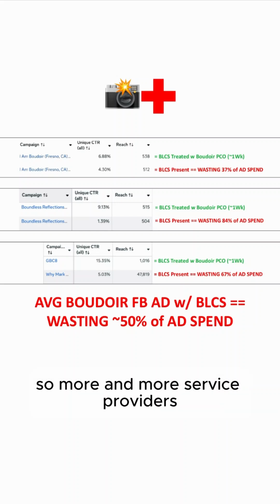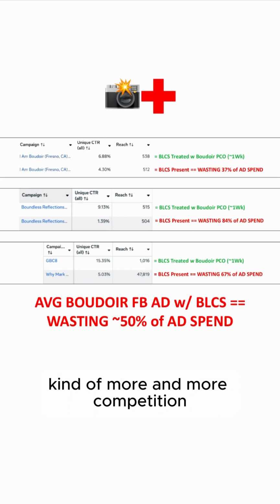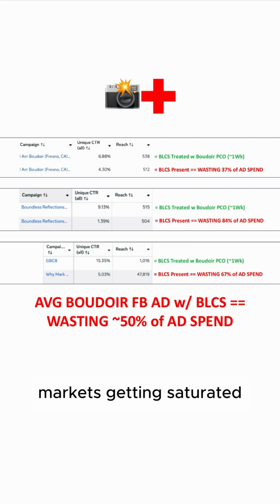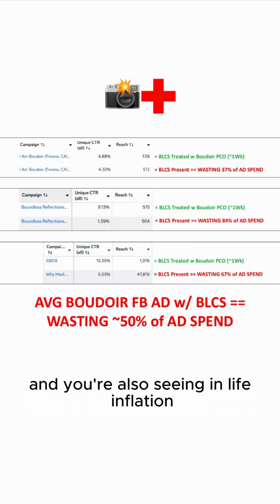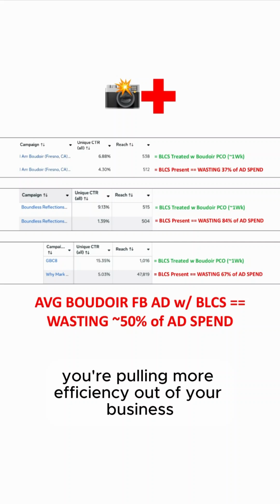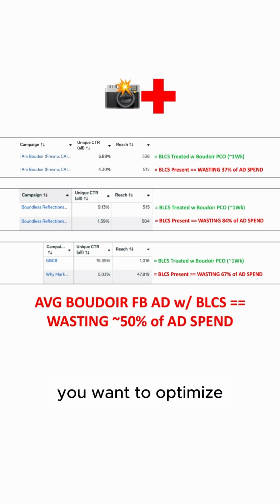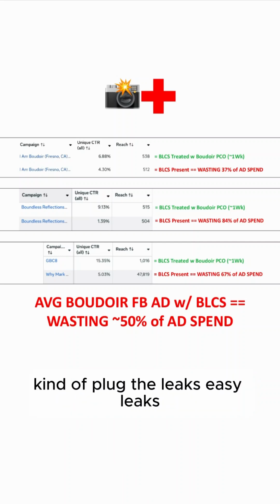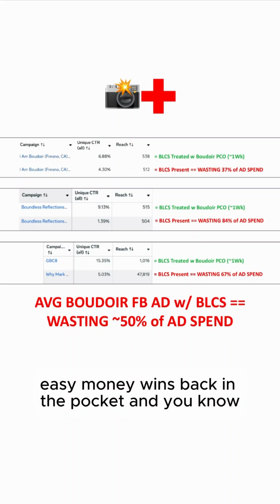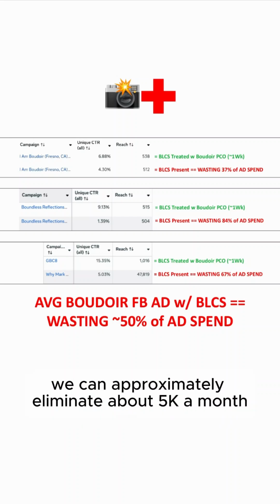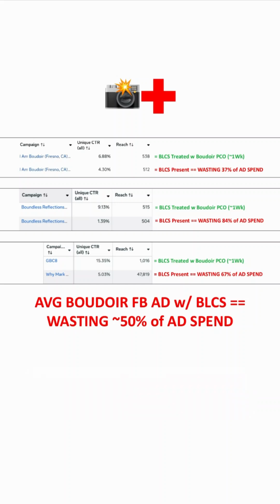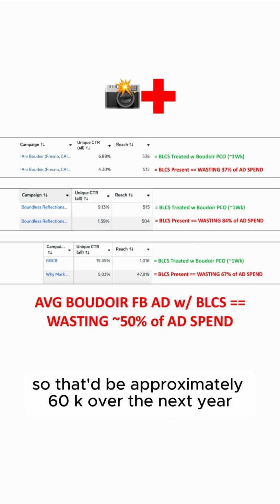So more and more service providers, same number of buyers, more and more competition, market's getting saturated, margins tightening for everyone. And you're also seeing life inflation, life costing more and more. So you decide you're pulling more efficiency out of your business, optimizing other parts of the business. Now you decide you want to optimize the Facebook ad part of your business, kind of plug the leaks, easy leaks, get some fast, easy money wins back in the pocket. And we can approximately eliminate about 5K a month in wasted Facebook ad spend, put that back in your pocket. So that'd be approximately 60K over the next year.